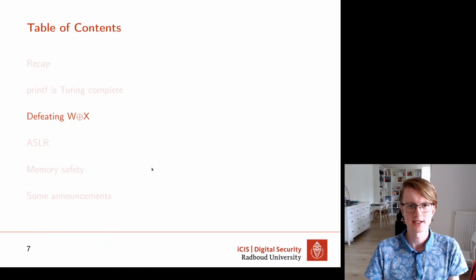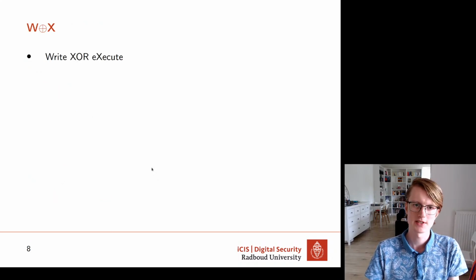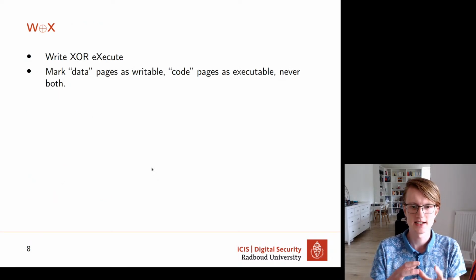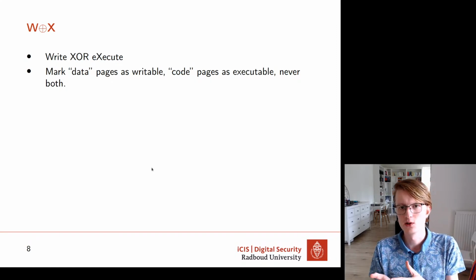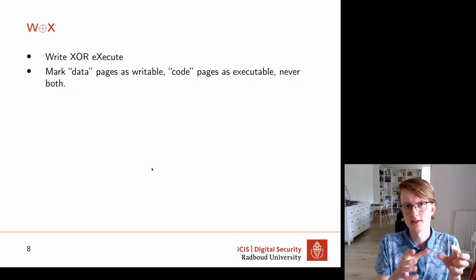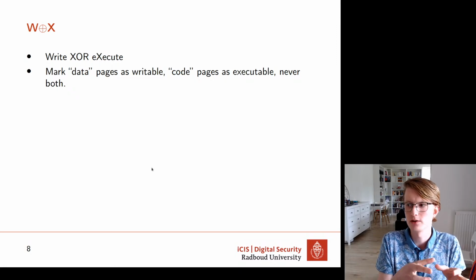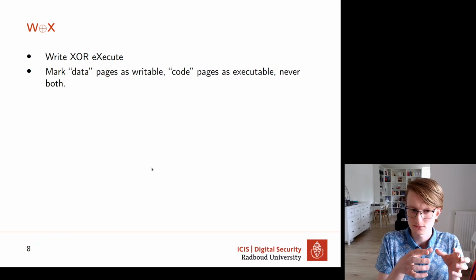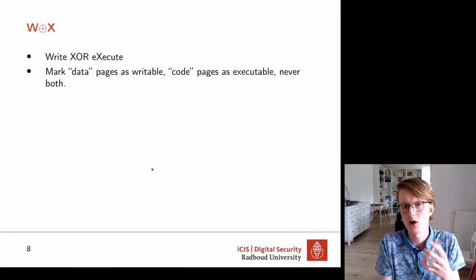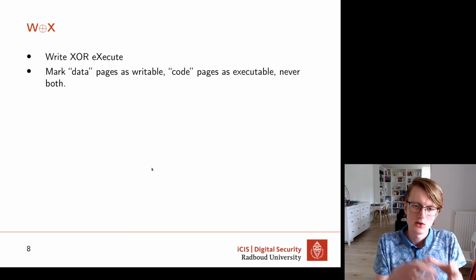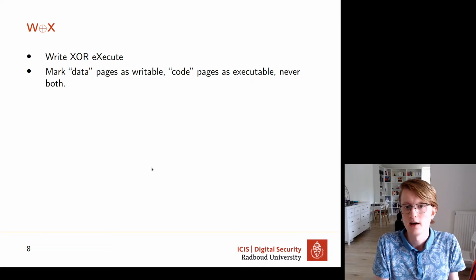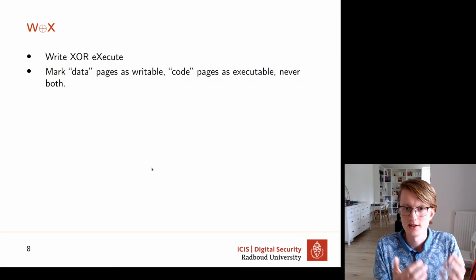That is defeating write XOR execute. That was this idea that you have these data pages that are either writable or executable. You mark the data segment, where you put the variables for programs, as writable, and also readable, of course. There you can modify things, increment an integer, those kinds of things.